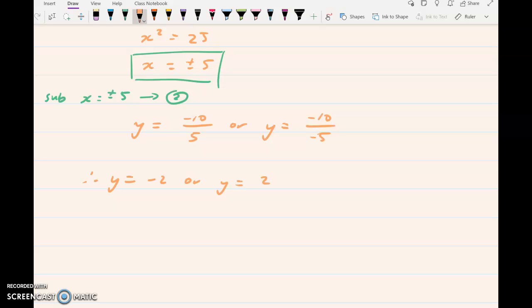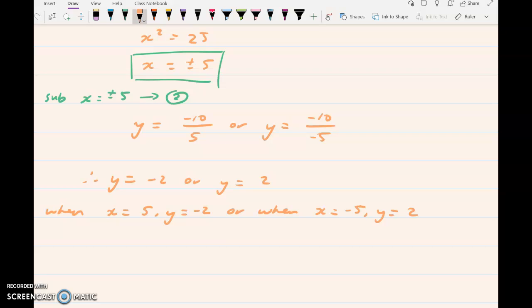So they're my two solutions, and I need to write a summary with those. So I'm going to say when x equals 5, y equals negative 2, or when x equals negative 5, y equals positive 2.